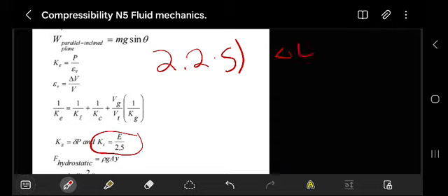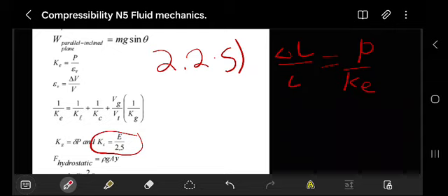Change in length over original length must be equal to P over KE. It's important to know this formula.